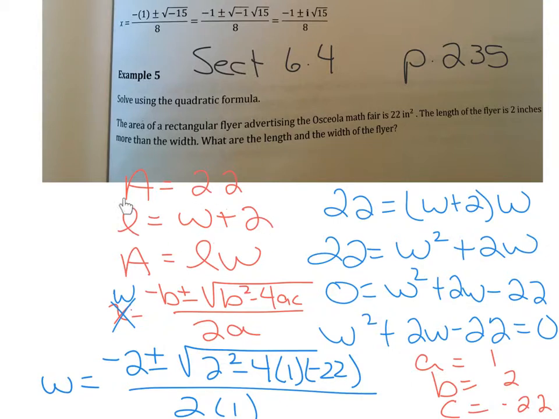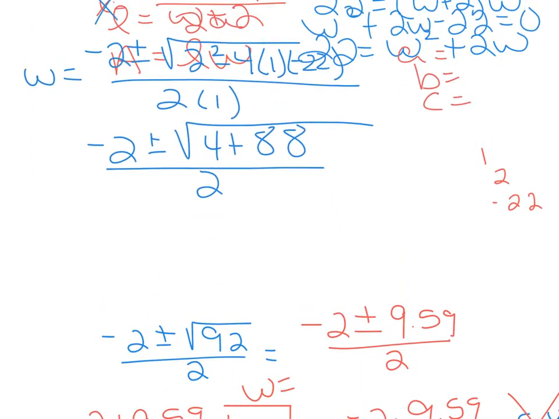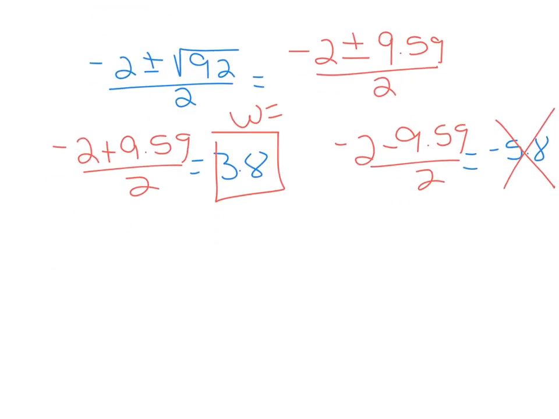You're going to go back here to this information. The length is the width plus 2. So we can go down here and rewrite that again. The length equals the width plus 2. We're going to take our value that we found for width, 3.8.